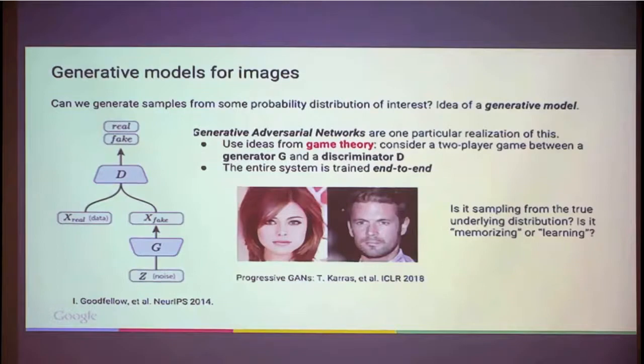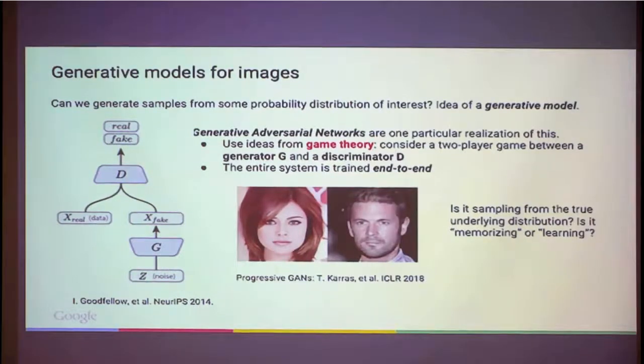The entire problem is phrased as something that you can differentiate end to end as a program where D and G compete with one another. So D's job is to tell you whether something is real or fake, and G's job is to produce something that is as good as the real thing. And this is a very interesting idea. It's pretty hard to train, but people have made astonishing progress on training these in different ways.